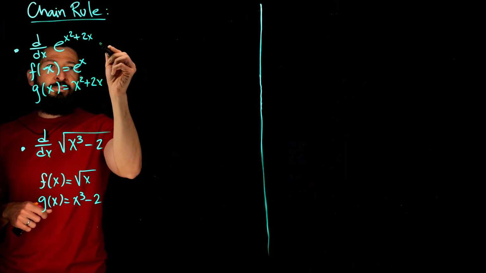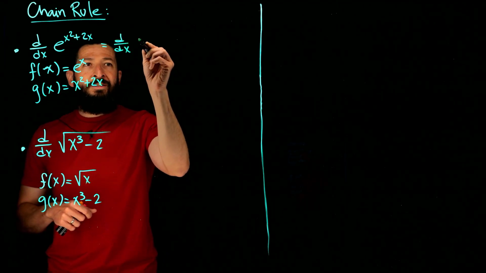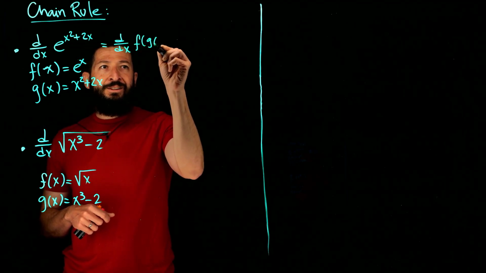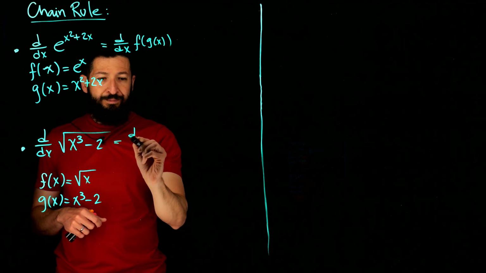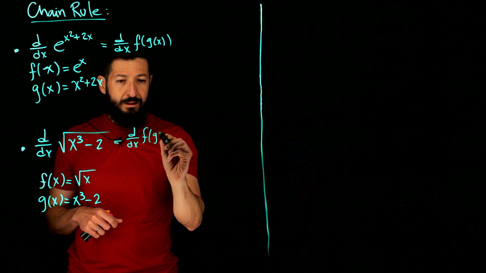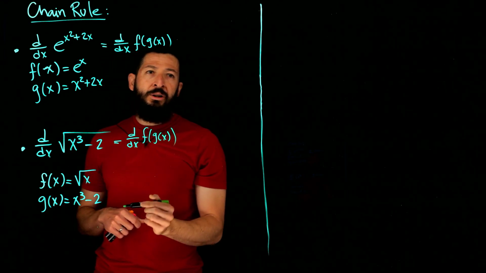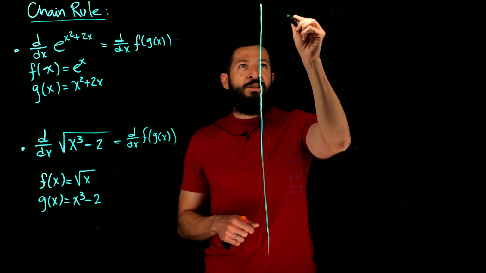So these two functions become the derivative of f of g of x. And the same here. So we need a rule to address composition of functions. And this is what the chain rule does.